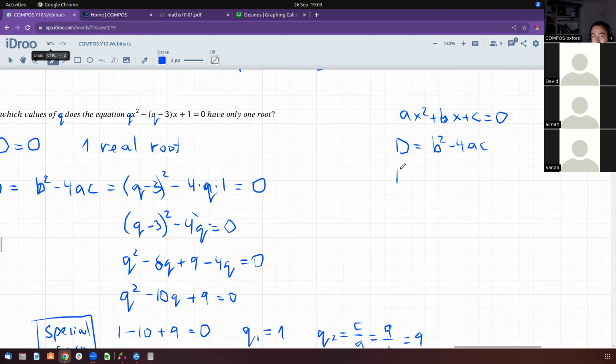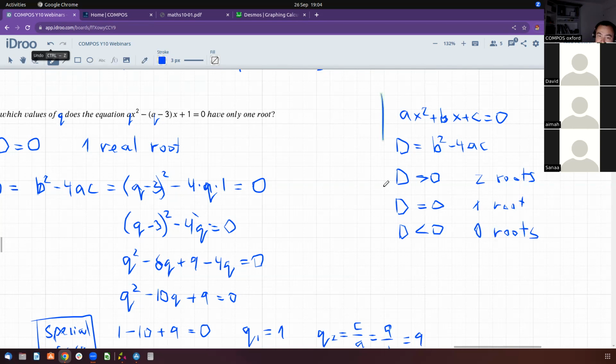And we know that if the discriminant is greater than 0, we have two roots. If the discriminant is equal to 0, we have one root. And if the discriminant is less than 0, we have 0 roots. Please read about this in the assignment. We have a page dedicated to this.